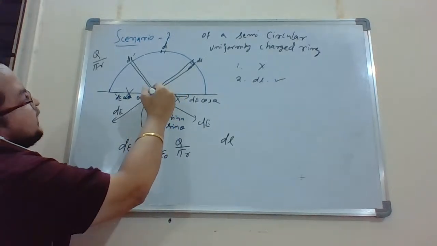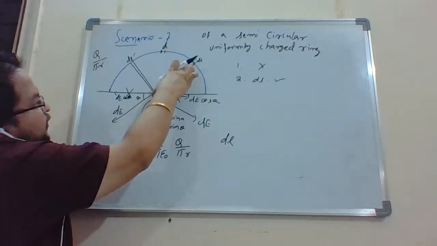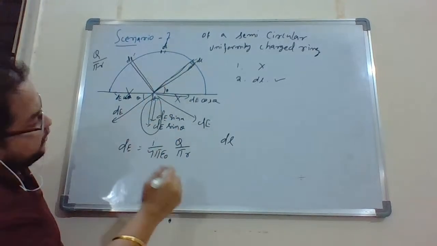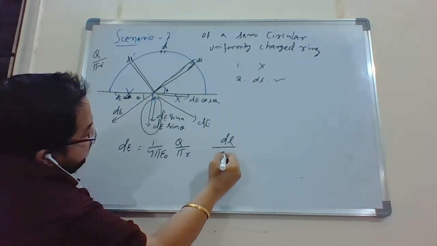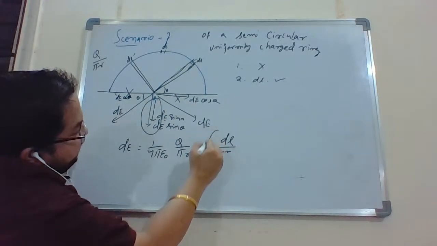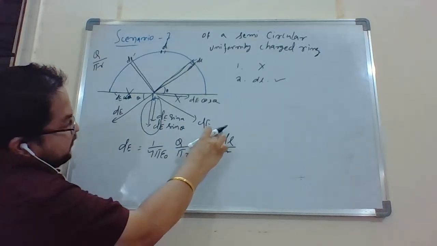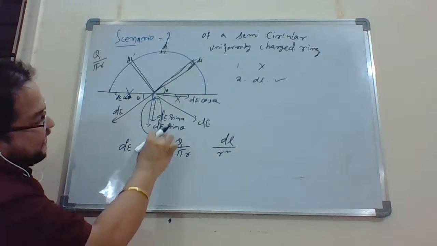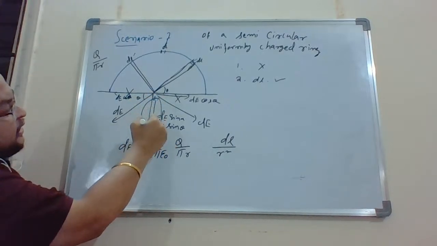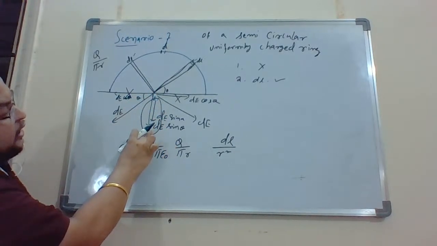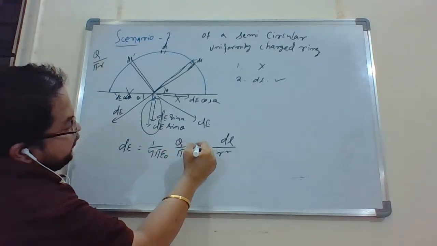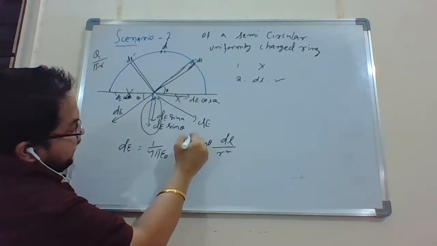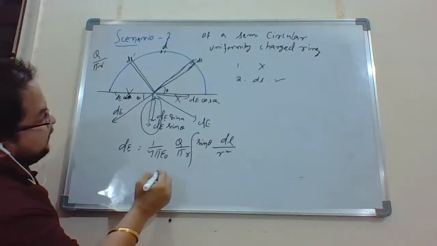The distance is nothing but r only, so it will continue to be r, by r square, integration. Now the interesting part is cos theta. Sorry, in the conventions that we have taken, it will be sine theta. So it will be sine theta integration.